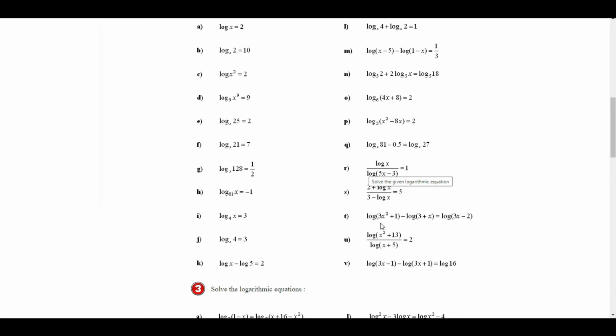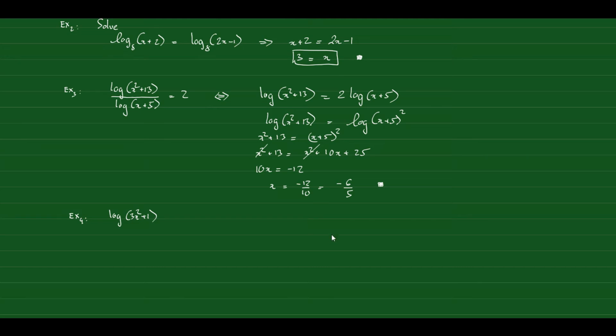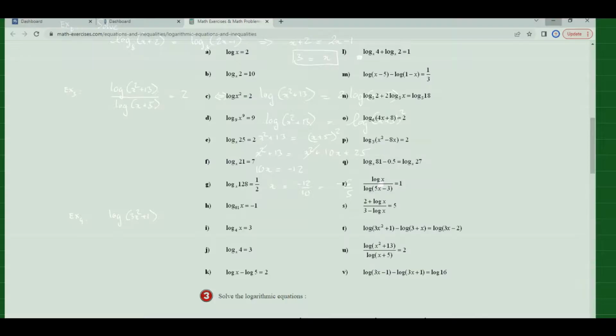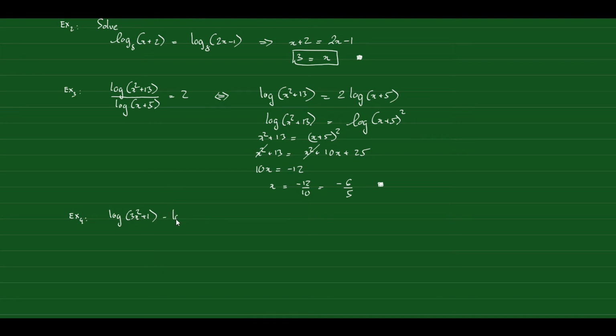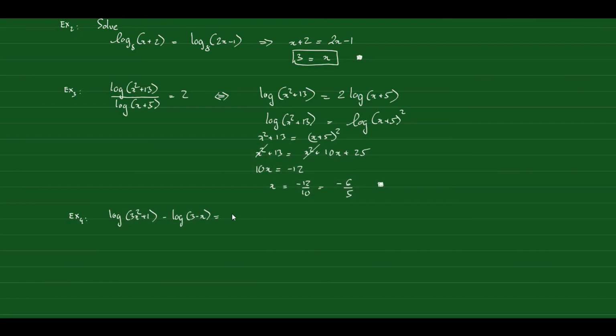Log base 10 of 3x squared plus 1, minus log base 10 of 3 minus x, equal to log base 10 of 3x minus 2.